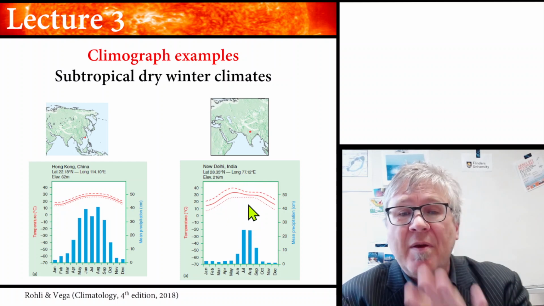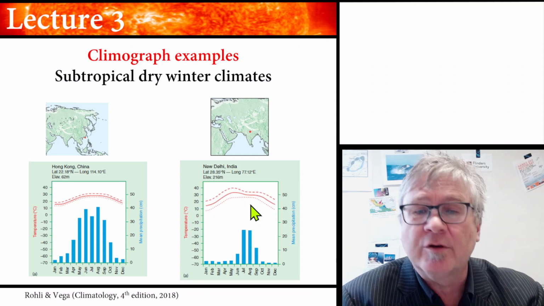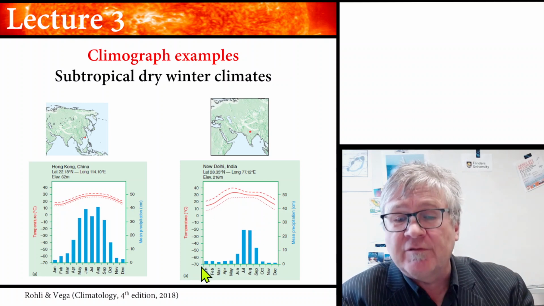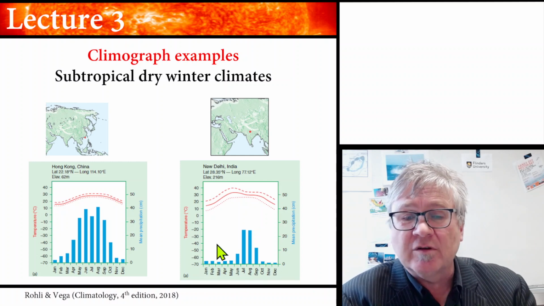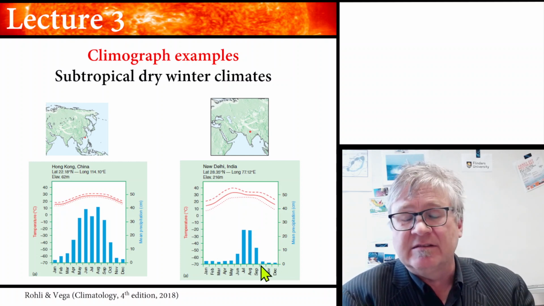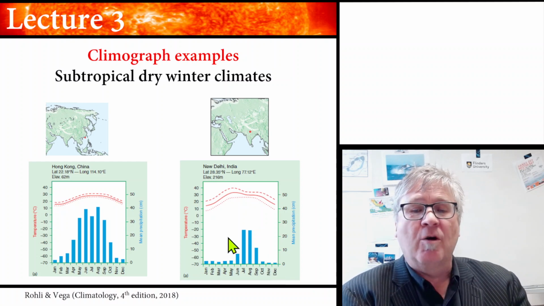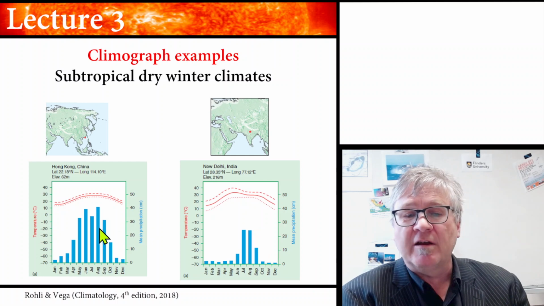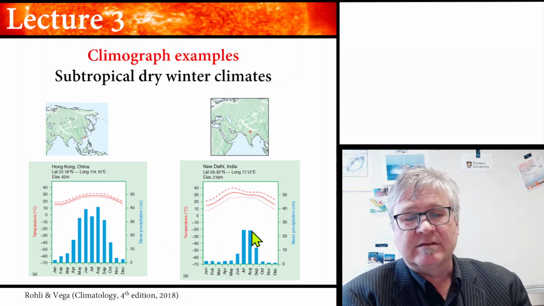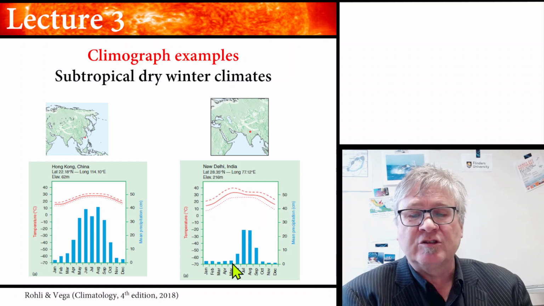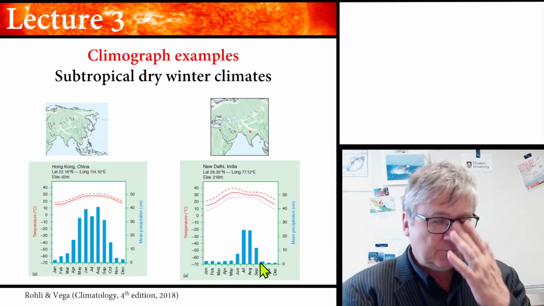If you compare these two graphs, it's important to make sure that the ranges of the axes, both horizontal and vertical, are exactly the same. Because if they are the same, you can visually compare. You can just swap from left to right, and you can see, wow, it's significantly less rainfall, and you can also see that the dry period is much longer in New Delhi.